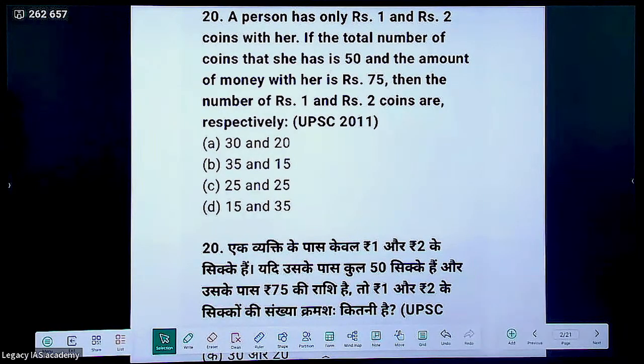Okay. It is asking you the number of 1 rupee and 2 rupee coins. These are your variables.